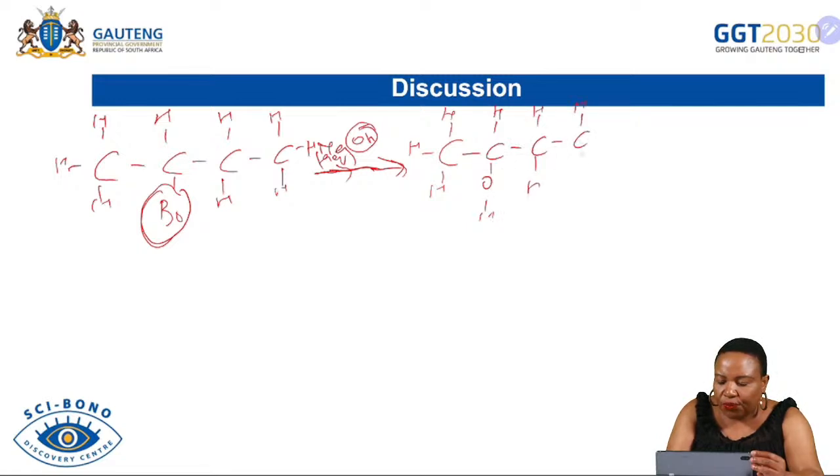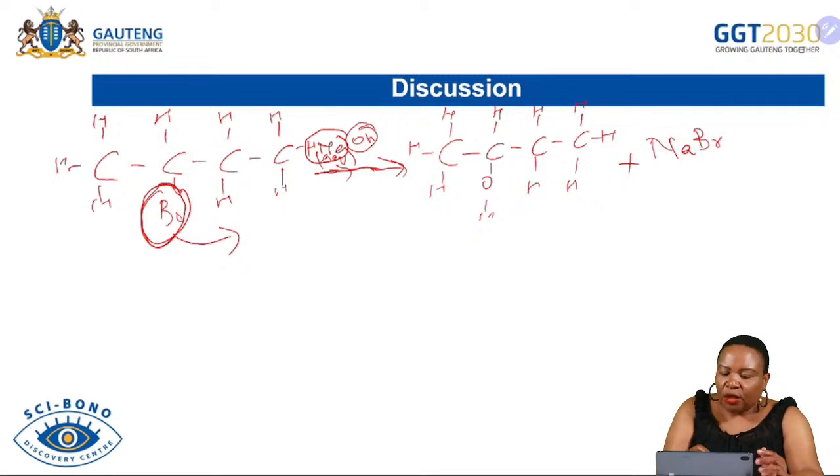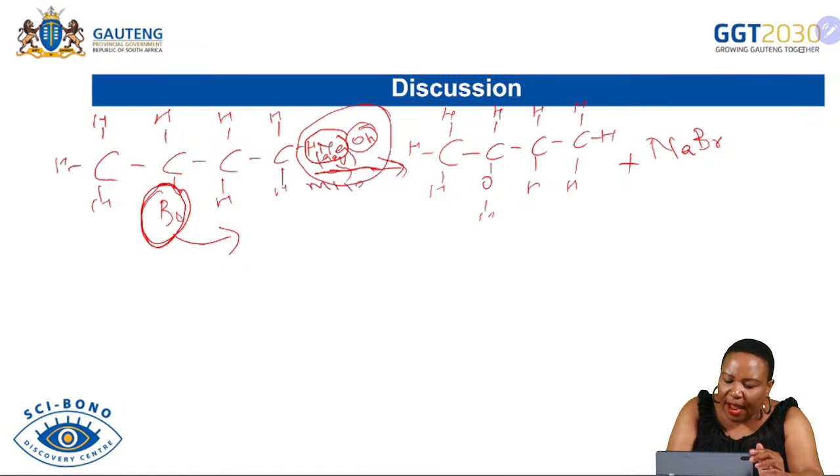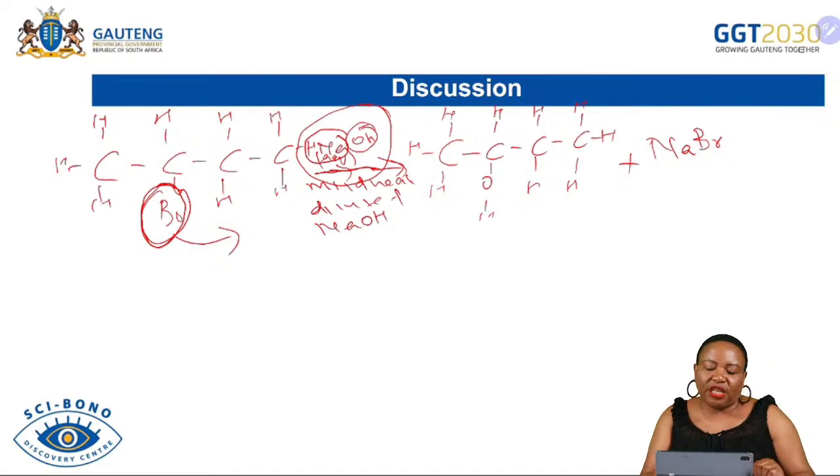Then plus: remember the Br was removed, and the Na from sodium was also not used. So the other inorganic product that will be formed will be NaBr. The main conditions you need here are mild heat and the diluted sodium hydroxide, because I've used sodium hydroxide as my example.